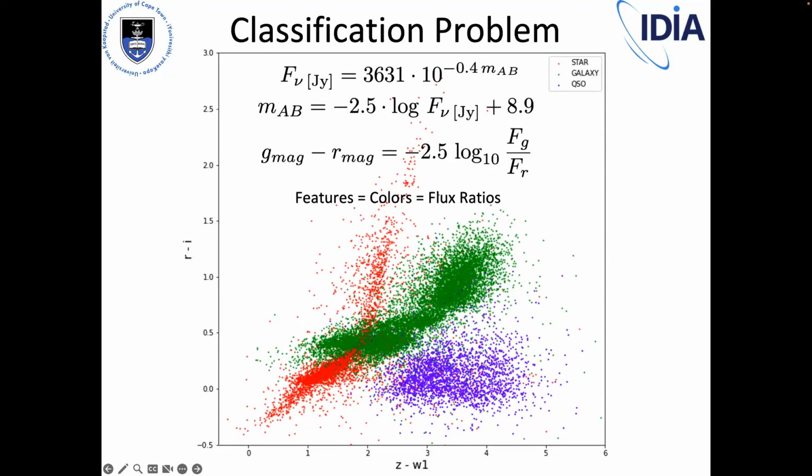As you can see, the 3 clouds of data points are rather well defined, but they overlap to some extent here. So the general question that machine learning is trying to address is, how do you set boundaries between these 3 clouds of data points in such a way as to maximize the likelihood that you can separate stars in red from galaxies in green and QSOs in blue?